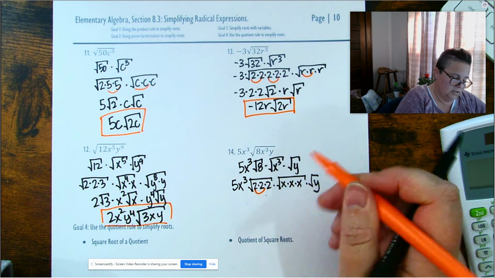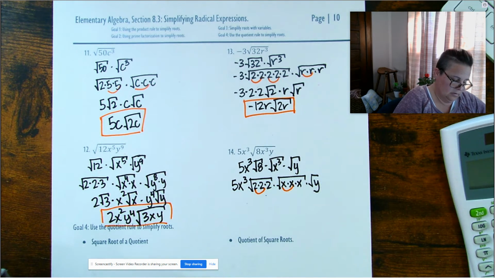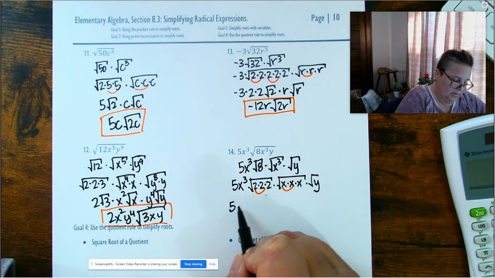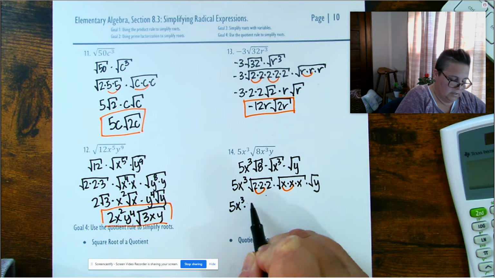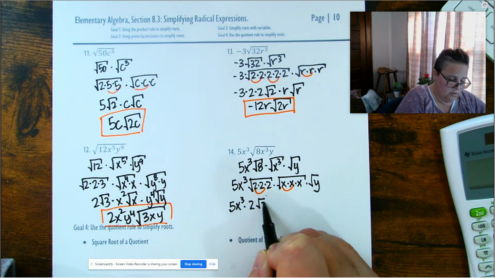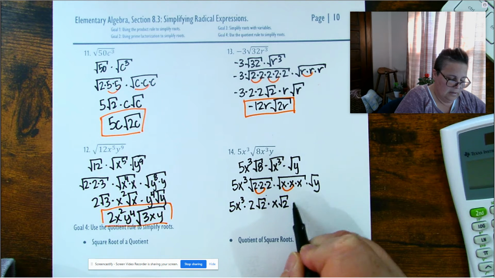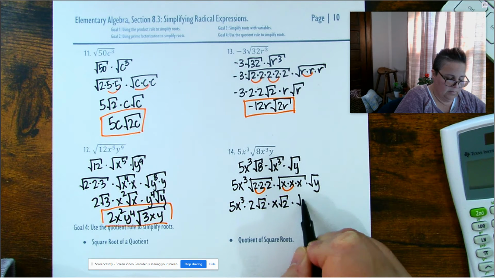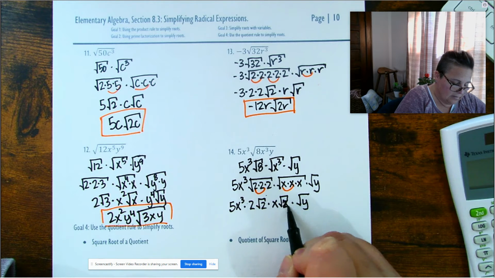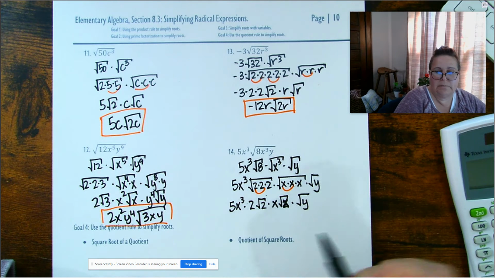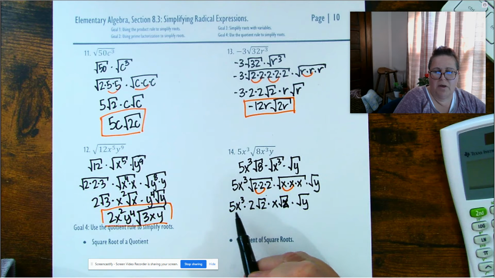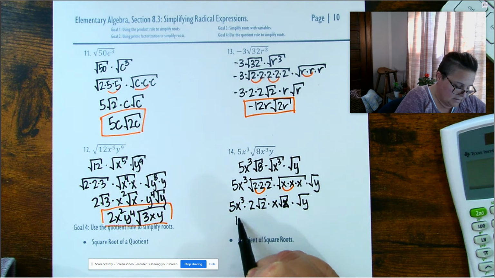So I can bring out a 2, I can bring out an x. So 5x cubed times 2 root 2 times x square root x times, nothing I can do with that square root y. Oh, I need an x there. Nice catch. All right, so if I multiply the 5 times the 2, that's 10.